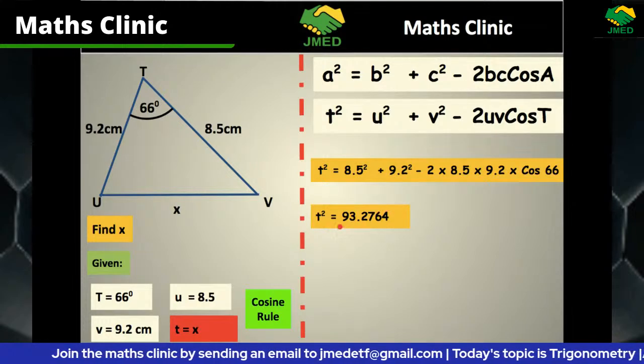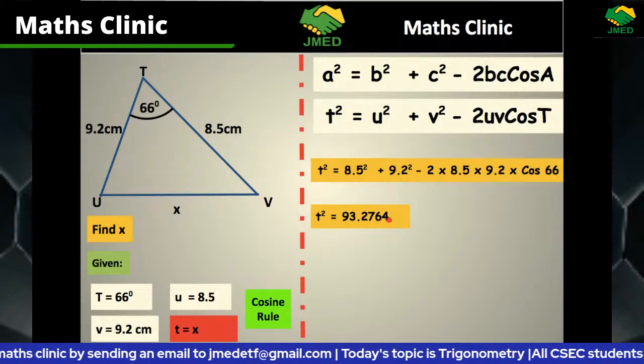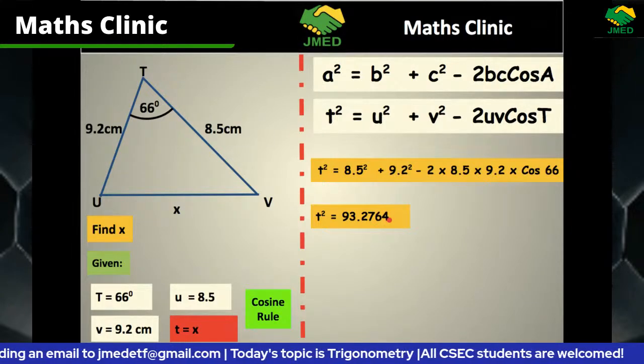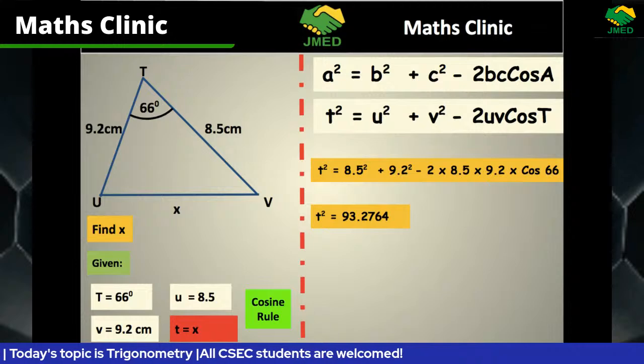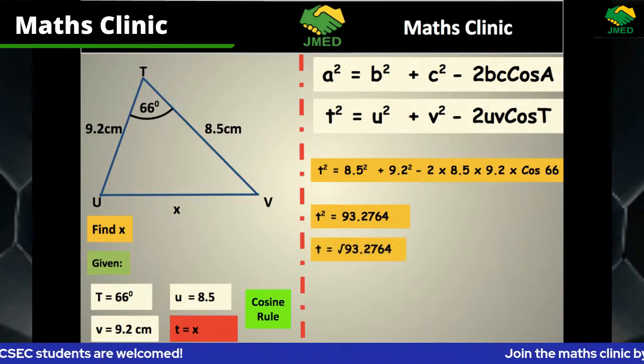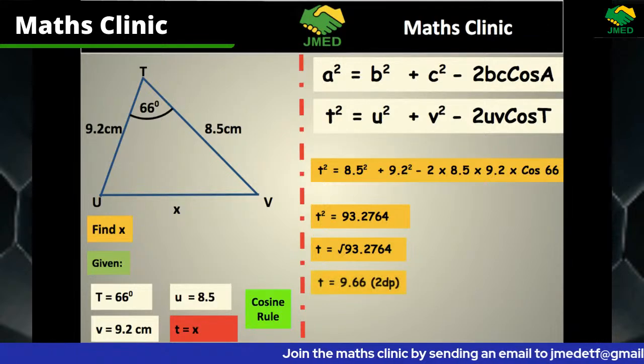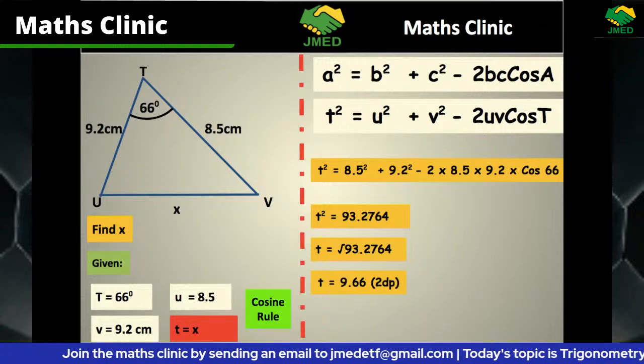So we have t squared is 93.2764. How do we find t from here? All right. We just get the positive square root, okay? So square root of 93.2764, and we should get 9.66 to 2 decimal places.